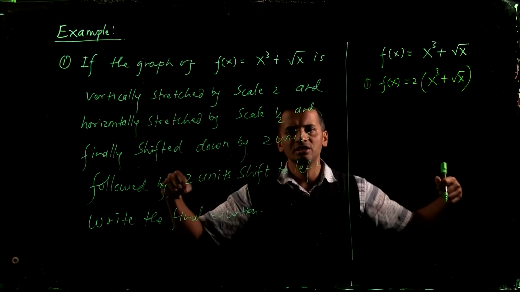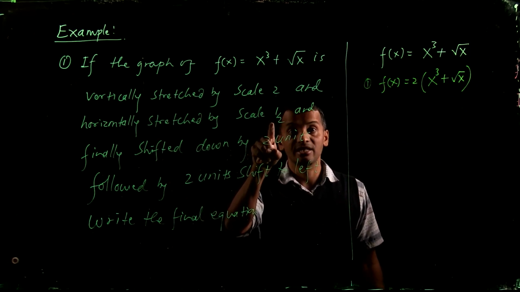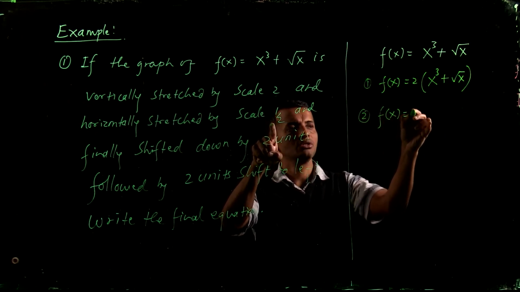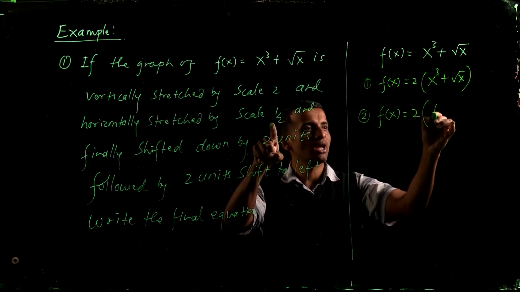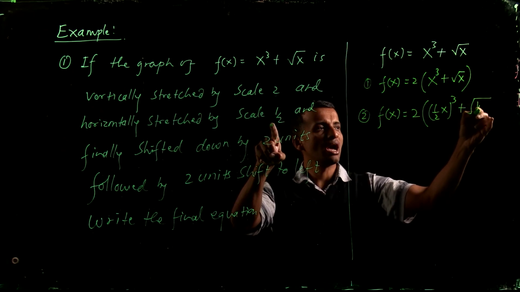Whenever you do a horizontal stretch or compression, you multiply this number by x. So for step 2 you will get f of x equals 2, you copy that, and then for this x you replace by 1/2 x: (1/2 x) cubed plus square root of 1/2 x.